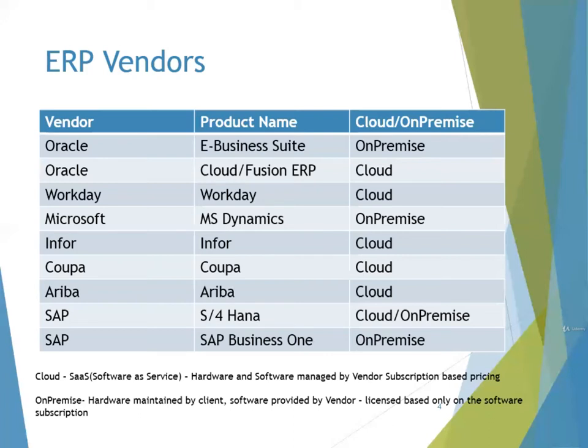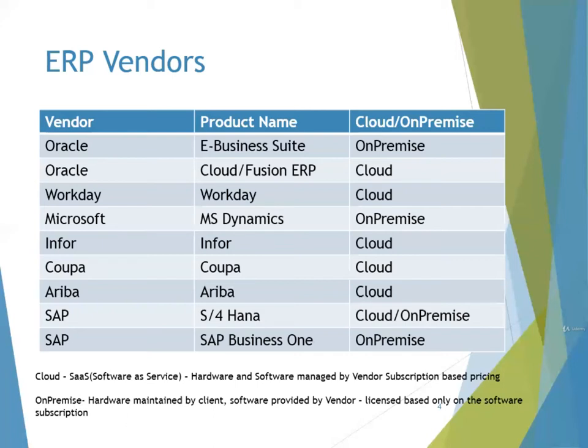Of course, there are many other differences: performance, money, investment, and many things come into the picture. In on-premise, hardware is maintained by the client, software is provided by the vendor, and the license is based only on the software subscription. But in the cloud-based model, hardware and software, everything is managed by the provider itself. You just need to subscribe for how many users, how many modules, until what period you want to use it, and what kind of extra machines you want based on your performance requirement.